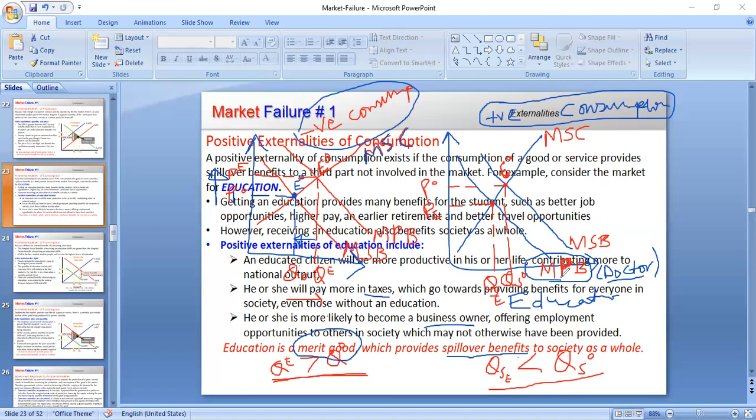His salary will be the marginal private benefit. Are we getting that? But then we realize that if this doctor is working in a government hospital, remember that most of the government hospitals offer most of these services, the medical services, subsidized.